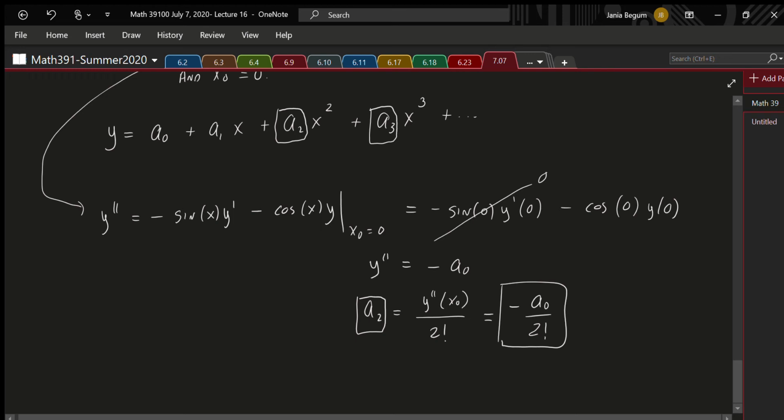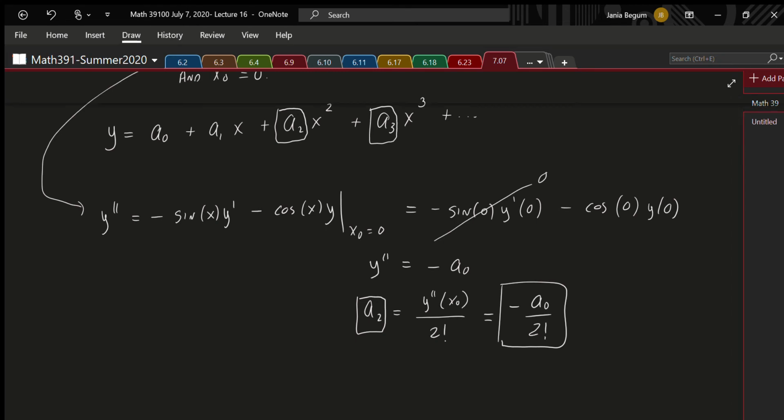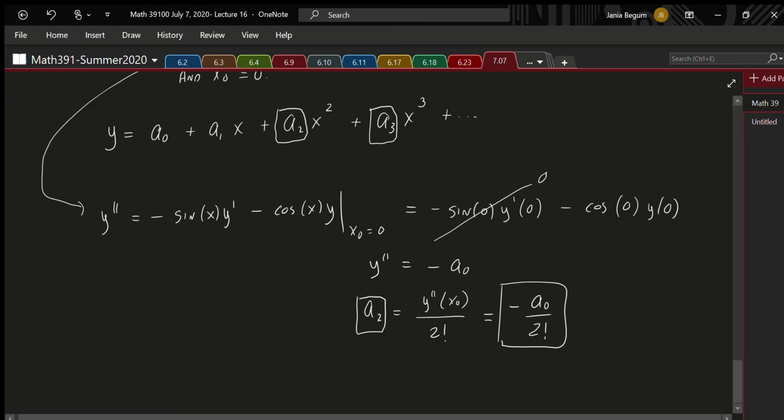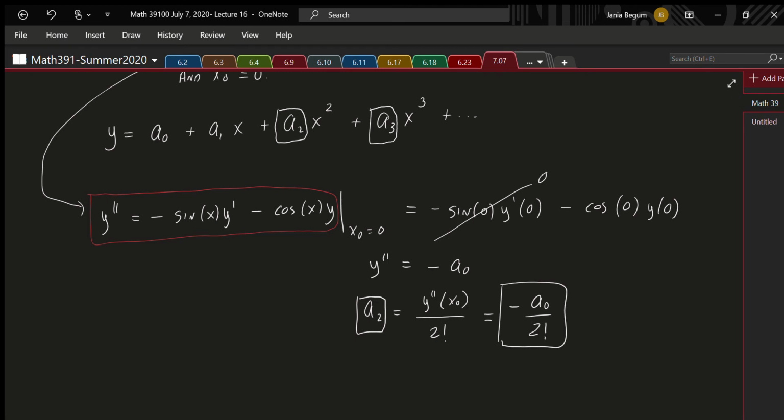Okay, so for a3, we need the third derivative. I'm going to take the equation I have right here that I already solved for y double prime and take another derivative, because that will give me the third derivative. You just keep working with your original equation.